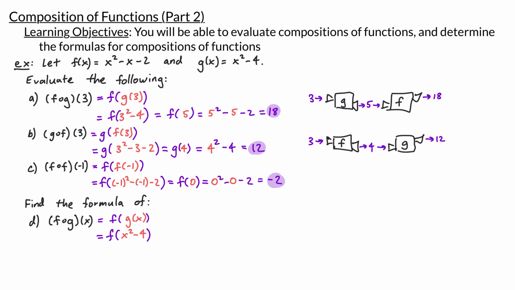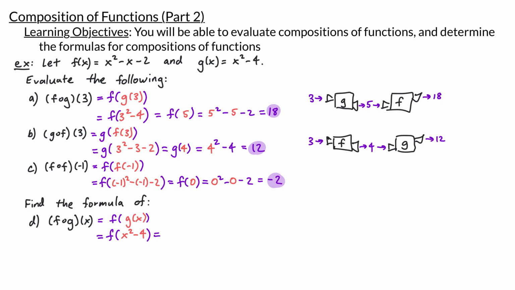So now we're looking at f of x squared minus 4. Our function f of x is x squared minus x minus 2. So to evaluate f of x squared minus 4, we simply replace the x's in our formula with our new input, x squared minus 4.